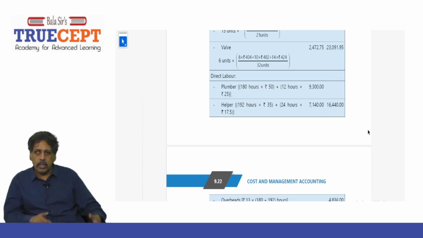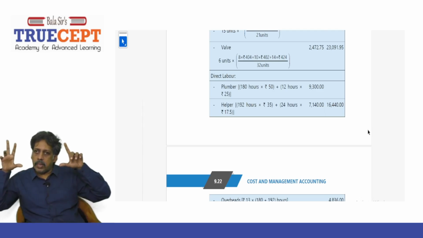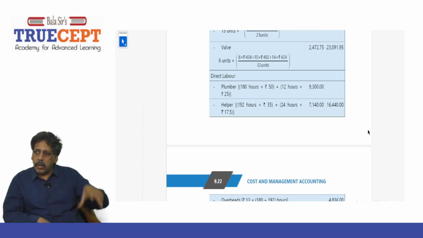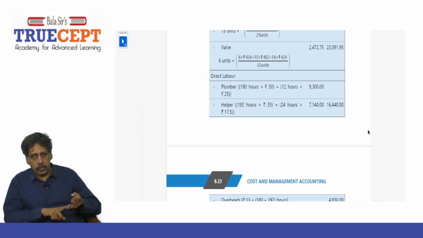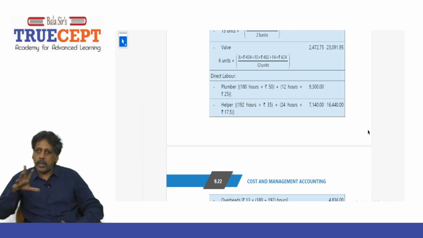Under direct labor, first we have plumber. 180 hours at rupees 50 plus 12 hours into 25. The 180 hours includes 12 hours overtime. Even for the 12 hours overtime, you're going to pay the normal wage of 50 plus 25 premium. 180 hours into 50, how much? 9,000. And then also take 12 hours overtime into 25 rupees premium, 300.